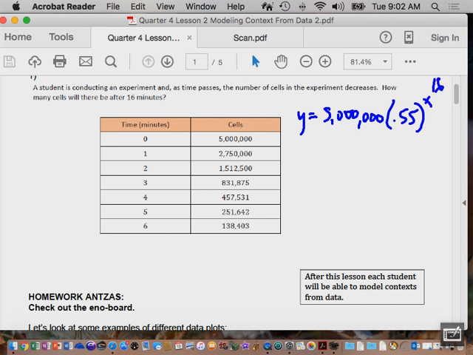So do 5 million times 0.55 to the 16th. And what do we get? 350.56, and this is a number of cells, so that means there's only 350 cells there.